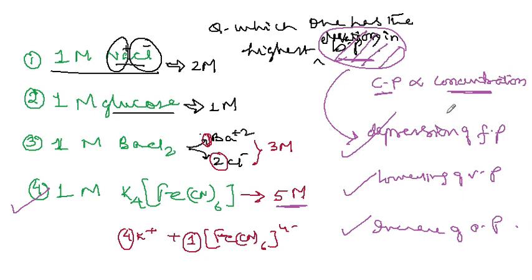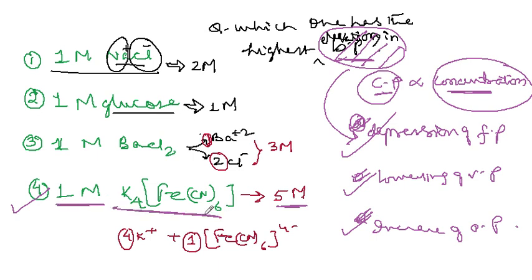In all the cases, since these are colligative properties, they are directly proportional to the concentrations. So in any of these choices, our answer would still be 1 molar K4FeCN6, because it dissociates to produce the highest number of ions.